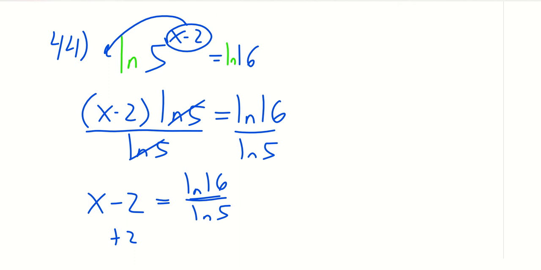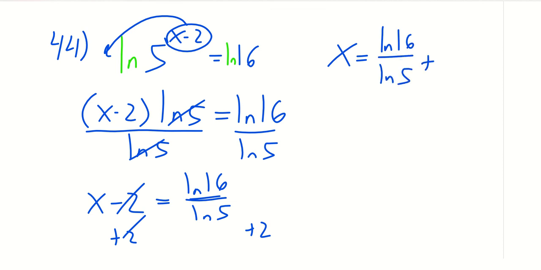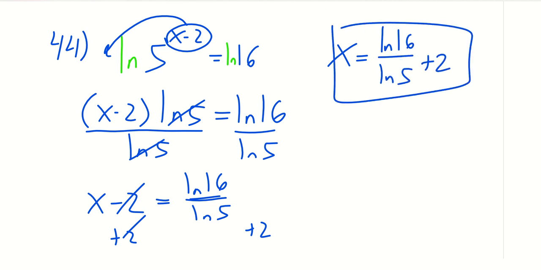And then lastly, to get x by itself, we could add 2 to both sides, and we would come up with the exact solution, x equals the natural log of 16 divided by the natural log of 5 plus 2. So there's our exact solution. We also, on problems of this type, like to give an approximate solution. To 2 decimal places again, this would be approximately equal to 3.72.